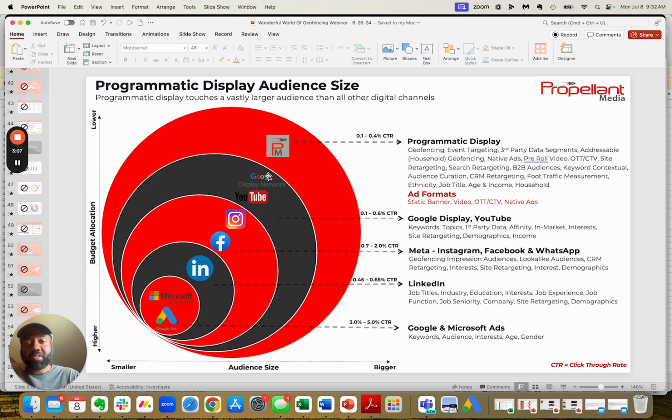On the flip side, again, it all depends on the industry that you're in, right? But if you just focus on geofencing or programmatic and you're not doing some of these other channels, then you're not taking advantage of that immediate cash flow impact, those individuals who are in market right now looking for your product or service. I say all to say that, again, it depends on the industry.